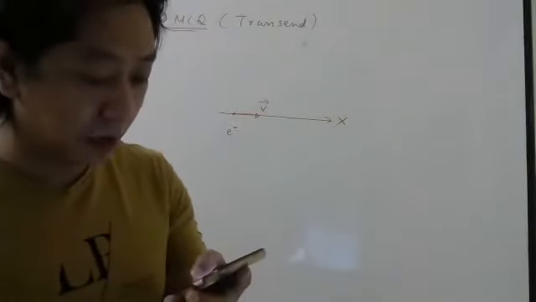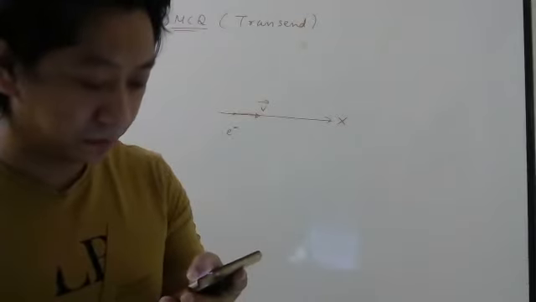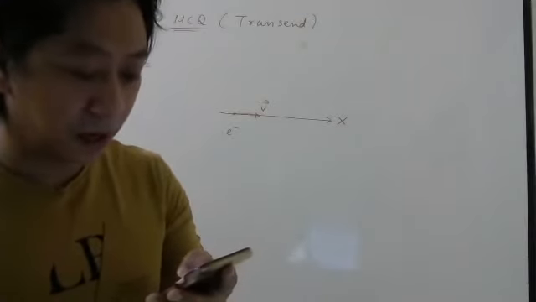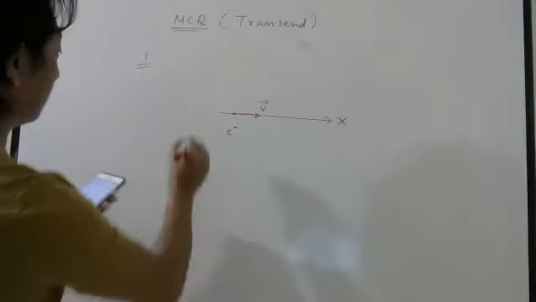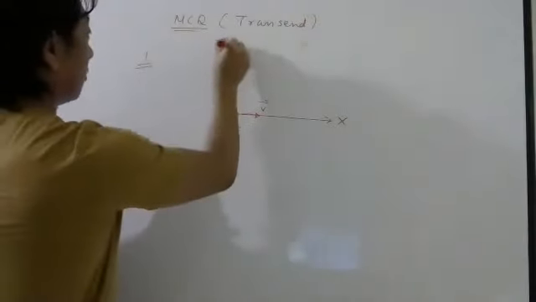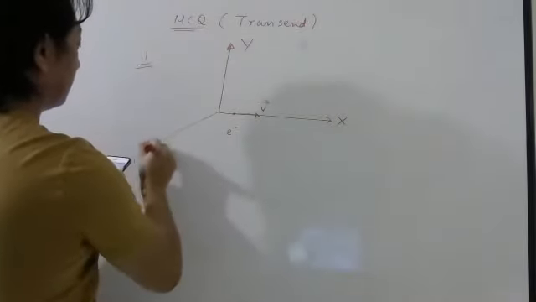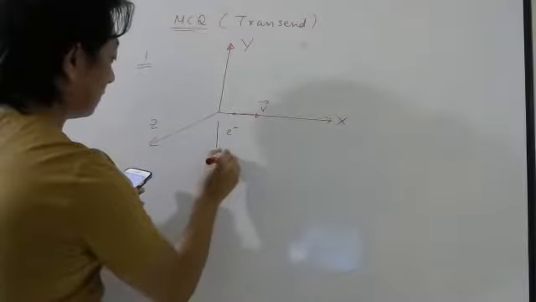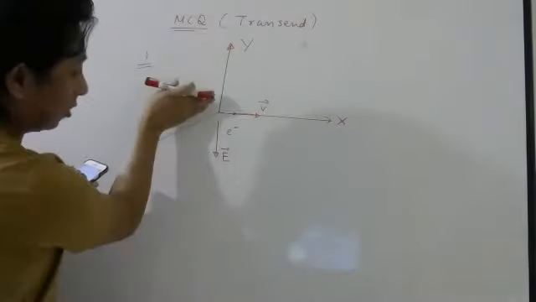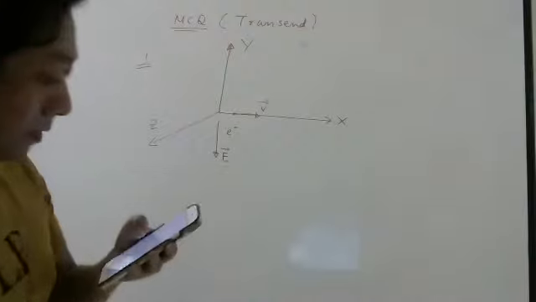A uniform electric field exists towards negative y-axis. So let us first draw x, y, z. This is x, y, z. So there is electric field in this direction. Electric field is along negative y-axis.